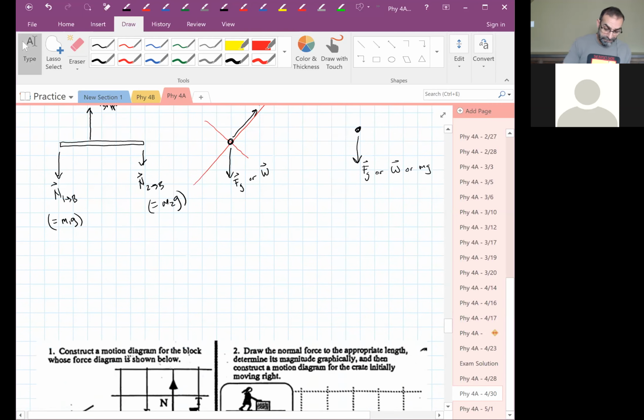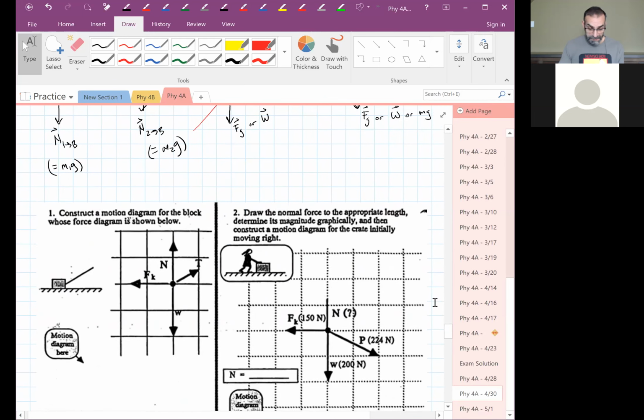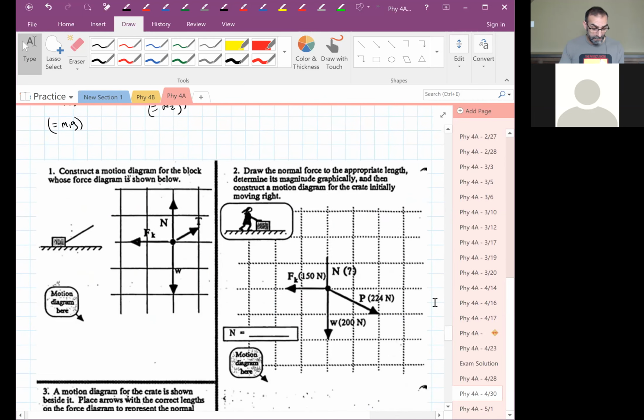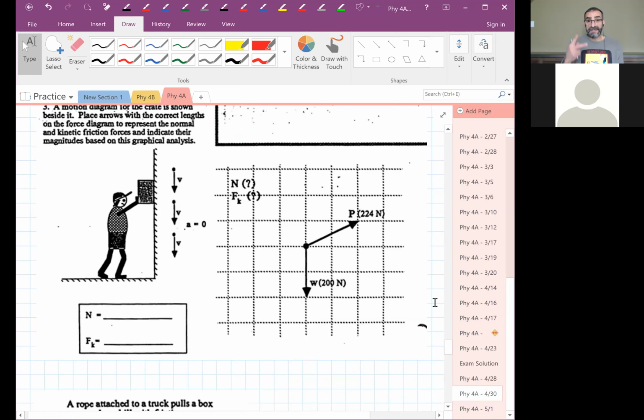Good. All right, so I want to do this one real quick. I've posted these. I posted this worksheet and two more on the Canvas site under modules.